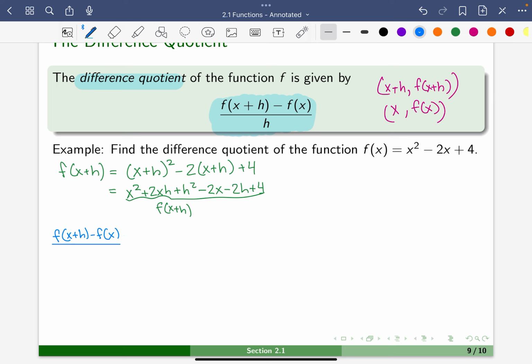all over h. So it's the x squared plus 2xh plus h squared minus 2x minus 2h plus 4. So that's f of x plus h minus f of x. So f of x is defined up here. We are subtracting the entirety of f of x, so we'll put that in parentheses.